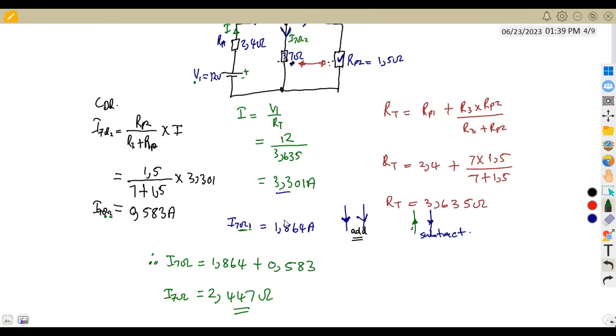All right, so this is how we can apply our superposition theorem to calculate the current across any given part of the circuit, any given resistor, as long as you are having a more complicated circuit. Reduce that complicated circuit into a normal part that you understand. From there, calculate your currents as usual.